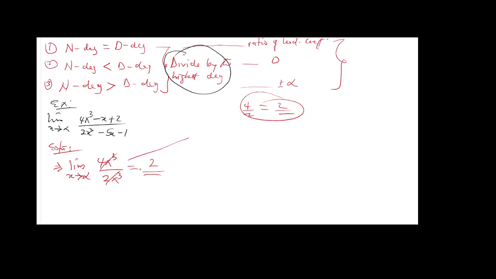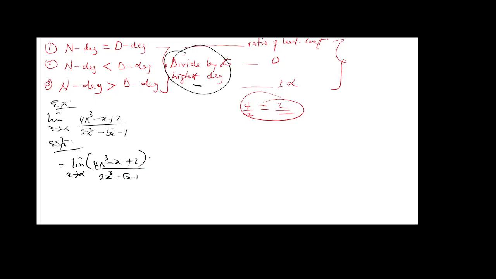Before we take another example, let's try the long method and see if that is applicable here. Let's try the long method, which is we divide by the highest degree. So we are going to have the limit as x approaches infinity of 4x cubed minus x plus 2 all over 2x cubed minus 5x minus 1.